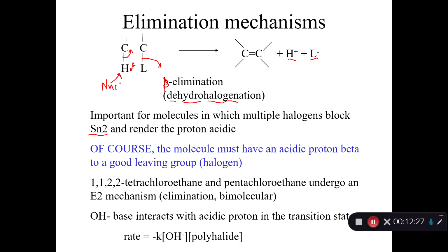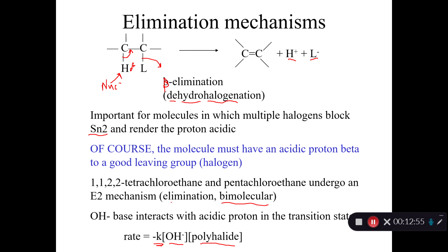You have to have the proton here right next to the leaving group. And when you get that, you can have a reaction that is bimolecular, because it involves the nucleophile, which might be hydroxide, and also this backbone, the halogen compound that's reacting. So the rate law: the rate is equal to minus k, a second order rate constant, so it has units of per molar per second, times the concentration of the nucleophile, let's say it's hydroxide, times the concentration of the backbone.